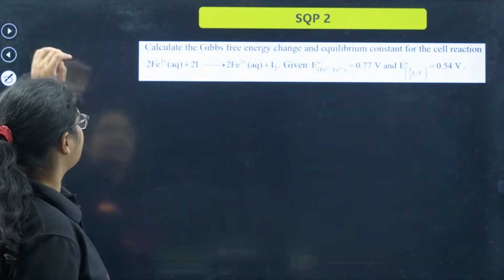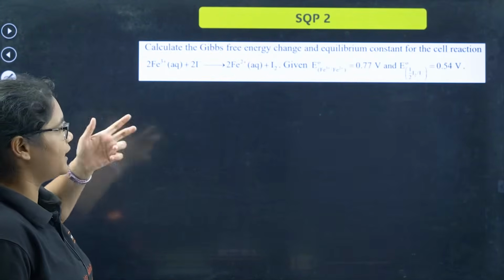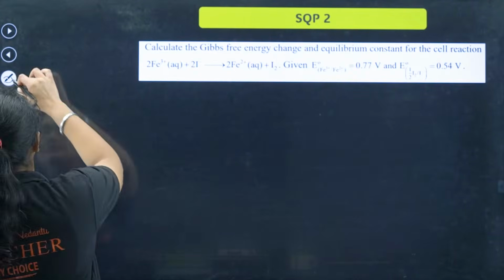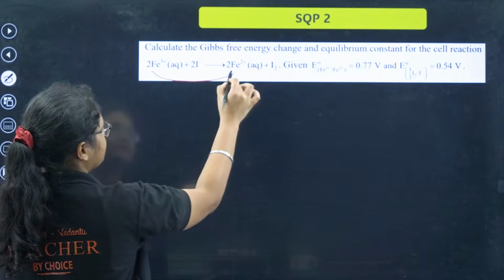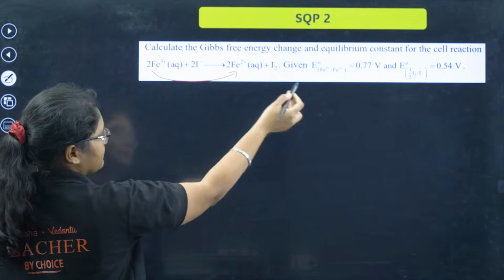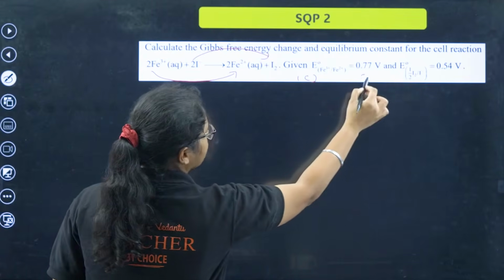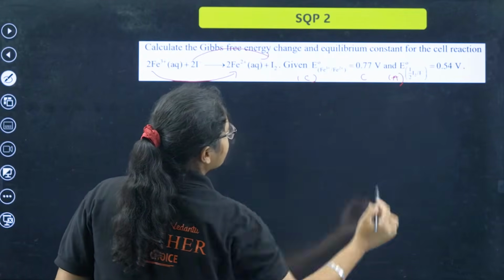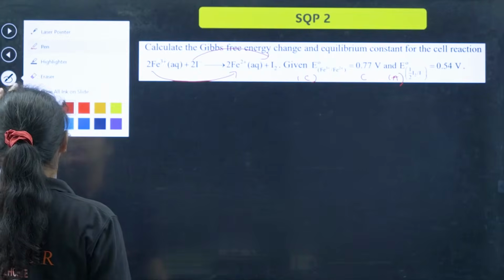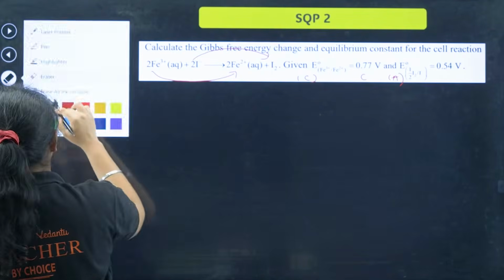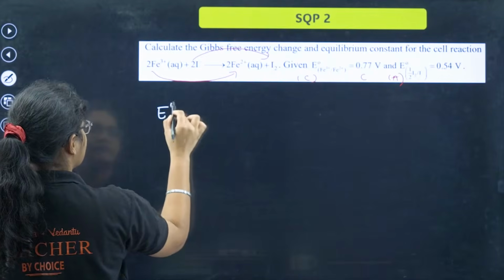Okay, moving to the next question, calculate the Gibbs free energy for the cell reaction given here. Okay, so if I see this particular cell reaction, Fe3+ is undergoing reduction, so that will be my cathode, right? And I minus is undergoing oxidation, so that will be your anode. Okay, so now if I see here the reaction, what is E naught of the cell?